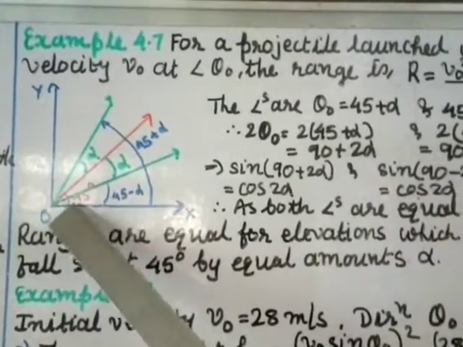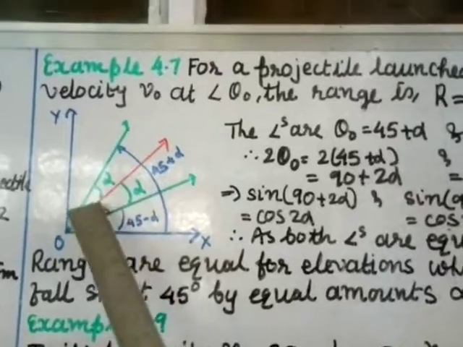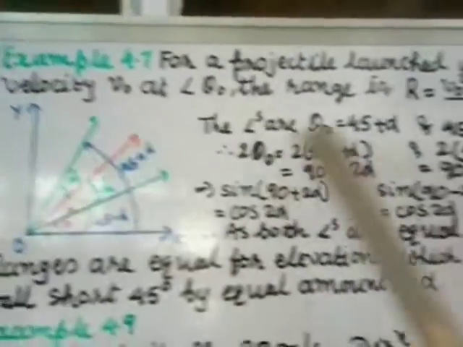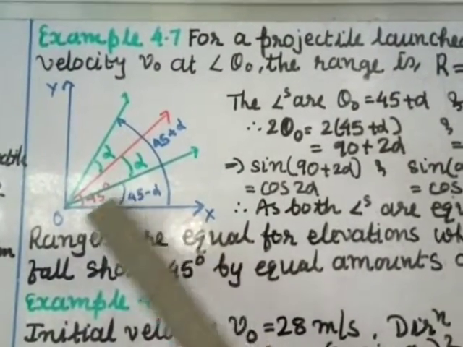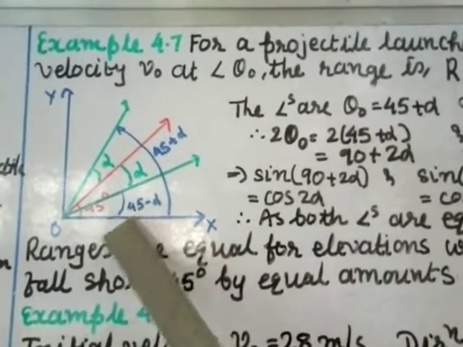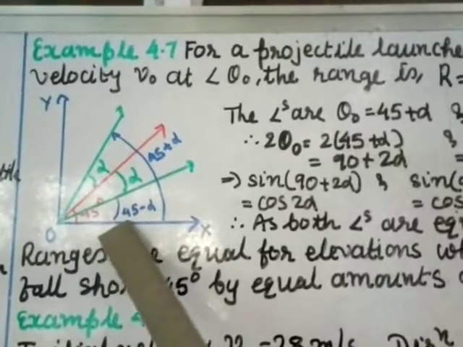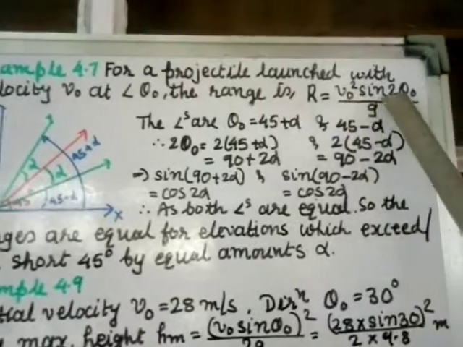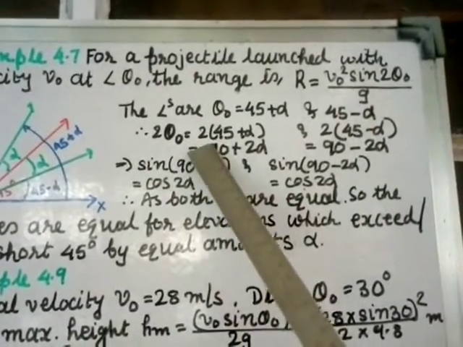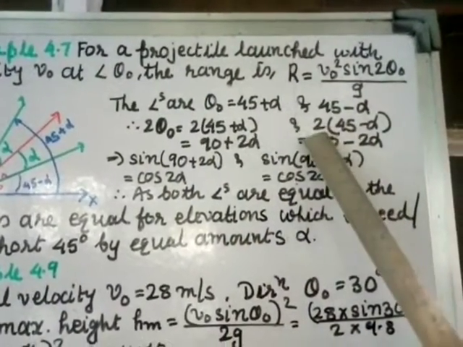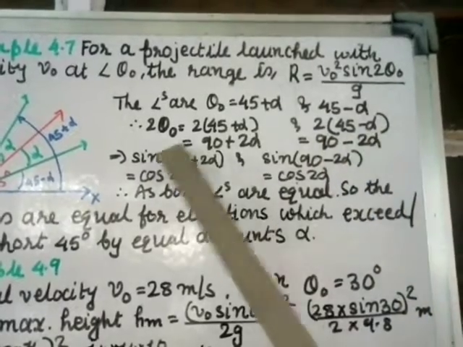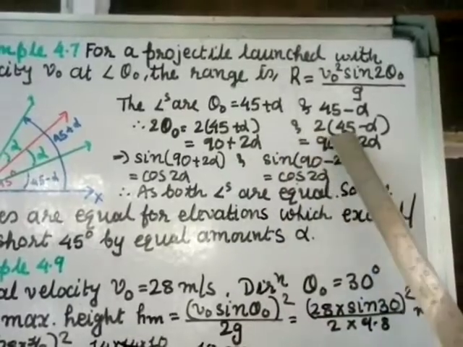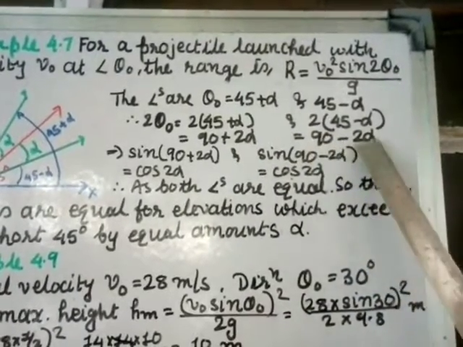So suppose I take first theta naught is equal to 45 plus alpha, and the down angle, falling by the same amount alpha, is 45 minus alpha. So 2 theta naught is equal to 2 times (45 plus alpha), and the same way 2 times (45 minus alpha). This gives 2 into 45 is 90 plus 2 alpha, and here 2 into 45 is 90 minus 2 alpha.